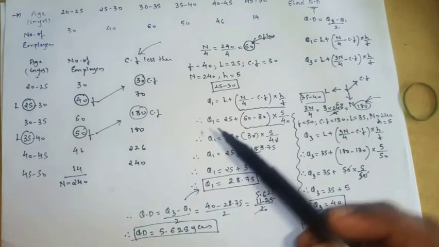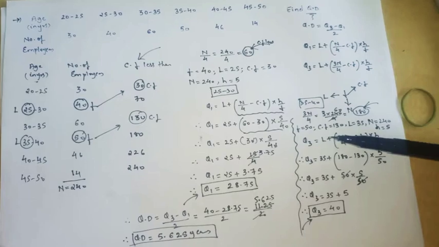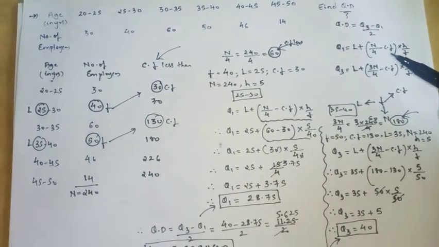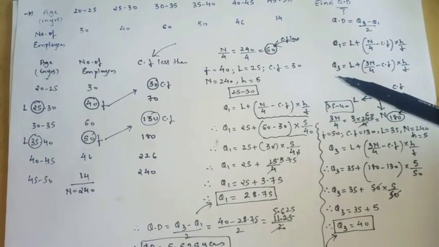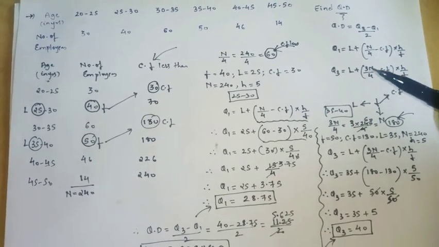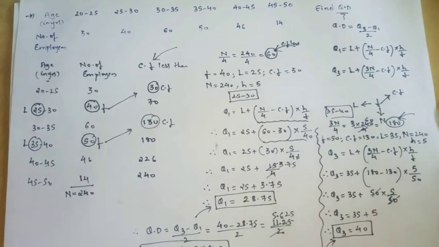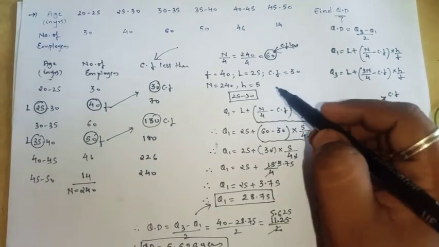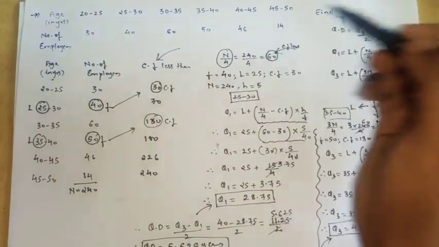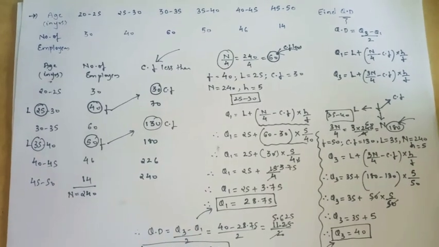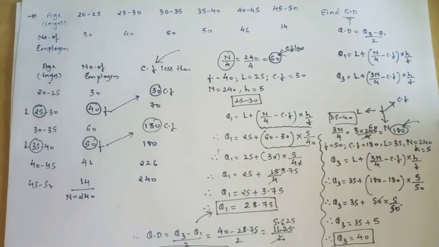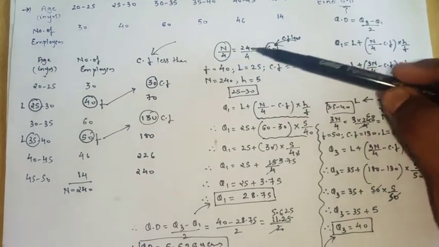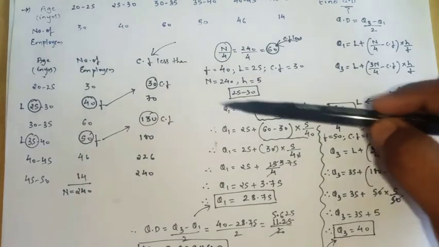After that we have to find Q1 and Q3, and we know that for Q1 the formula is L plus N upon 4 minus CF into H upon F, and for Q3 the formula is L plus 3N upon 4 minus CF into H upon F. First you will find N upon 4, as I explained in the first chapter also, when we were dealing with the first exercise. Take this part first, N upon 4.